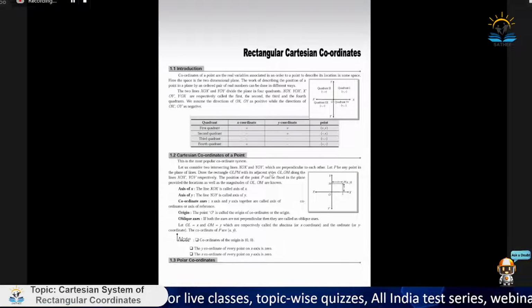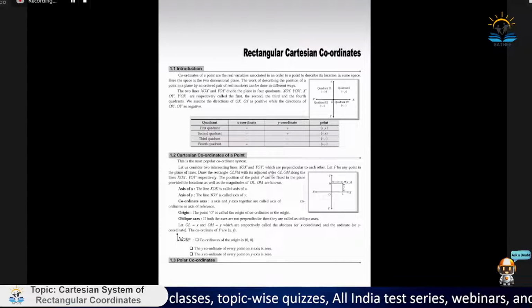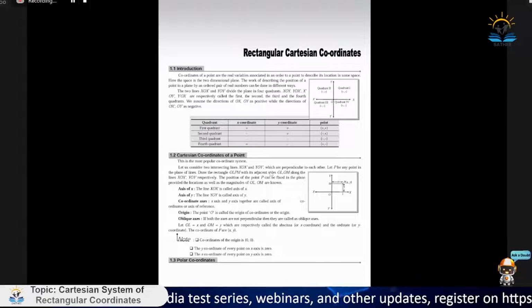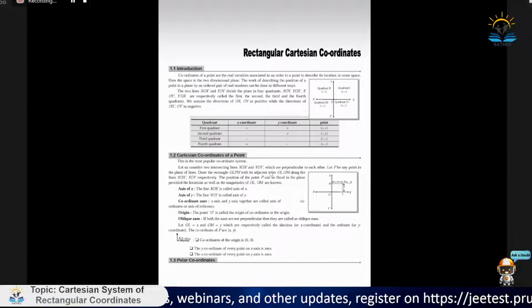As I said, X'OX and Y'OY are the two perpendicular lines which divide the space into four parts. OX is considered positive and OX' is considered negative. OY is the positive y-axis and OY' is the negative y-axis.